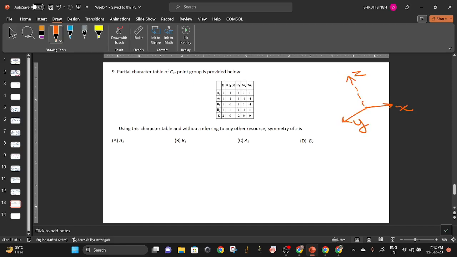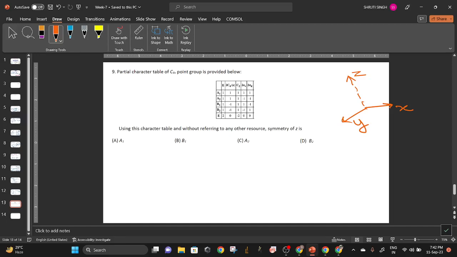Okay, so if this is the basis, then what will be the symmetry of Z? Means when we apply these operations, how will Z behave? Will it be changing symmetrically or antisymmetrically, or what else?